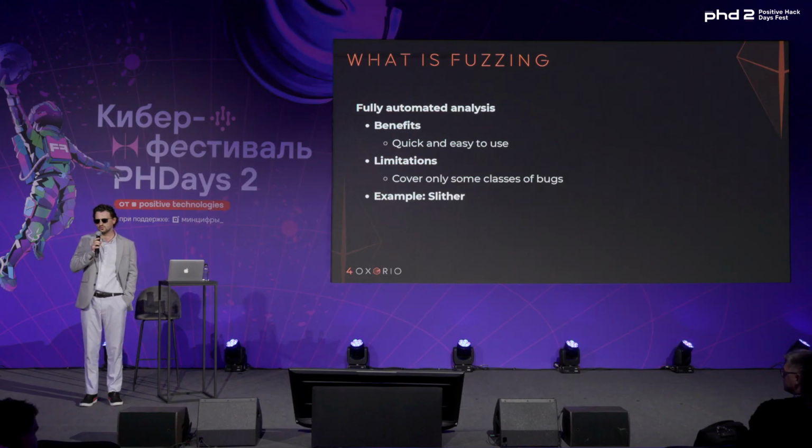You just run it on code with one simple command and it gives you the list of all of the possible vulnerabilities. The problem of Slither is that all of the vulnerabilities it lists are generic. So there are many false positives with re-entrancies.